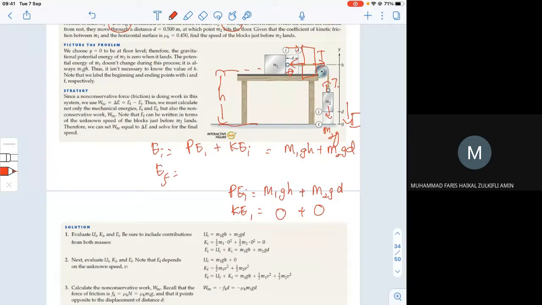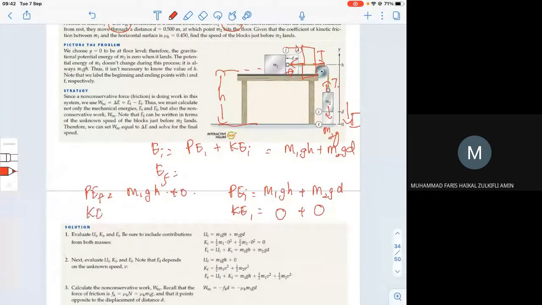Okay, pada masa yang sama, M1 akan bergerak sedikit ke kanan, will move to the right a little bit at 0.5. So that means kita kena calculate pula what is the P final. So at P final, M2 dah jadi kosong sebab dia dah jatuh ke bawah. Tapi M1 still ada, dia masih lagi M1gh plus 0.